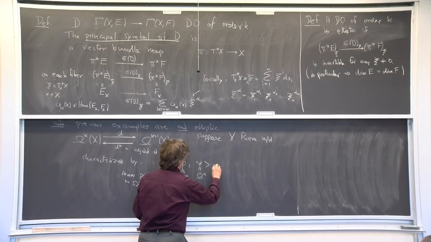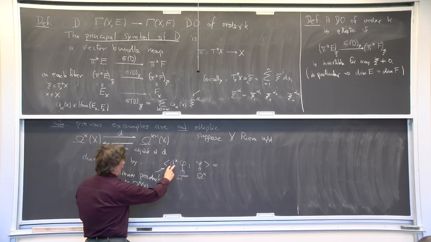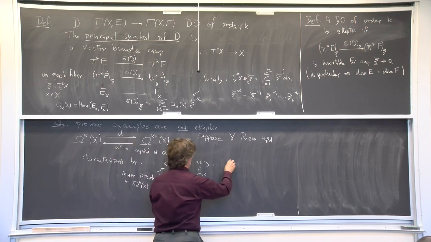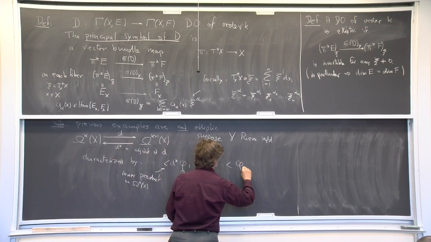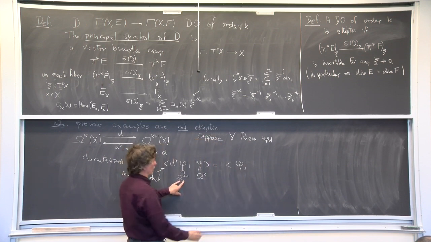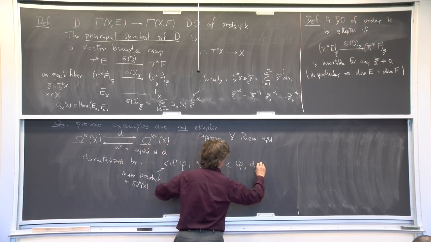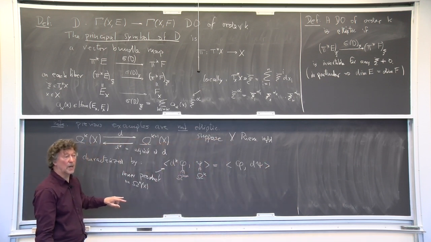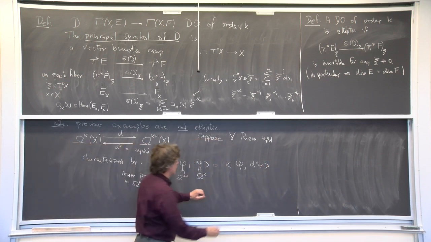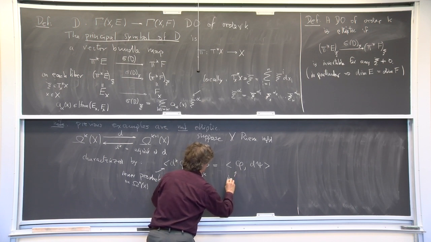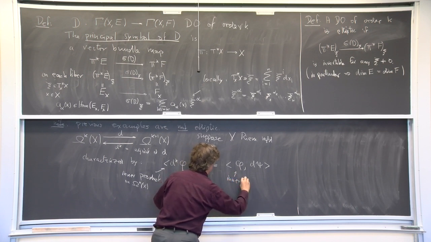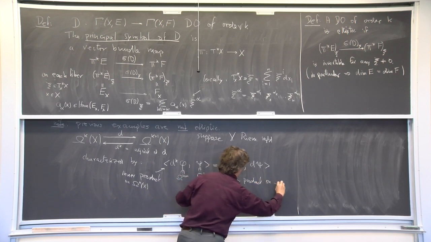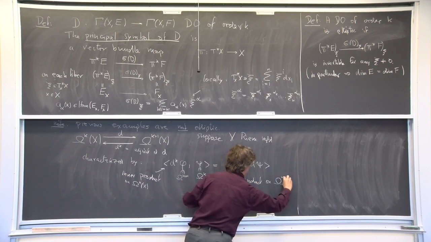And the requirement is that you can slide it over to the other slot and make it a d. So that should be equal to the inner product of this k plus 1 form phi with a k plus 1 form that you produce out of psi by applying the de Rham operator. So this is the inner product on k plus 1 forms on x.